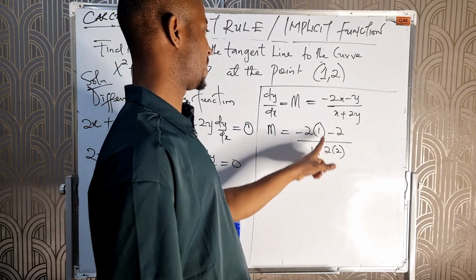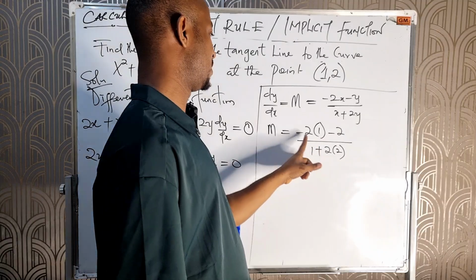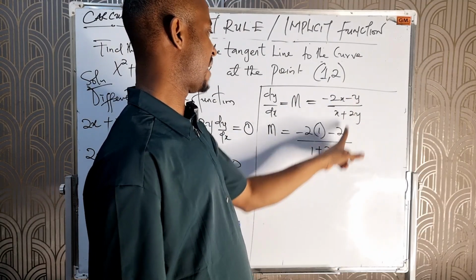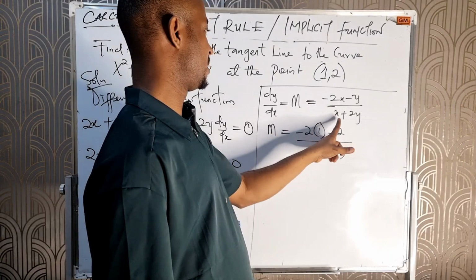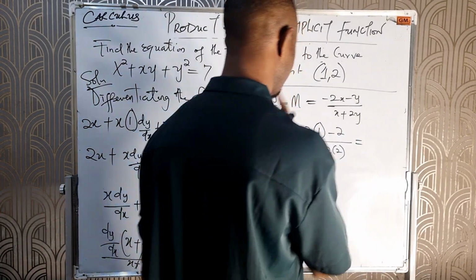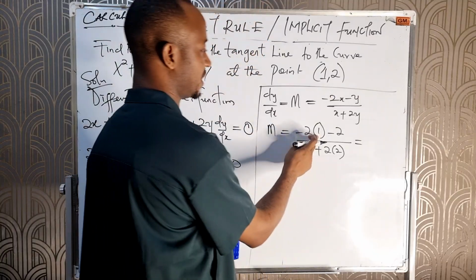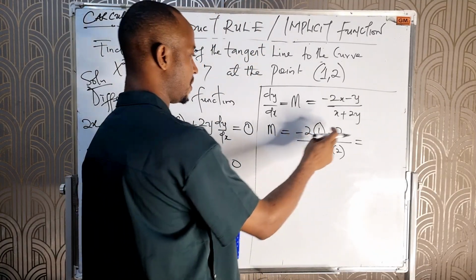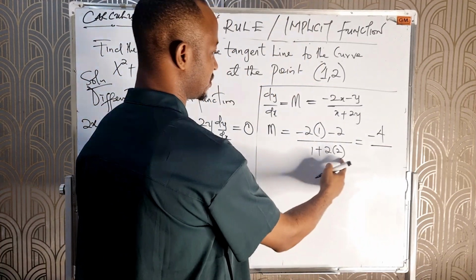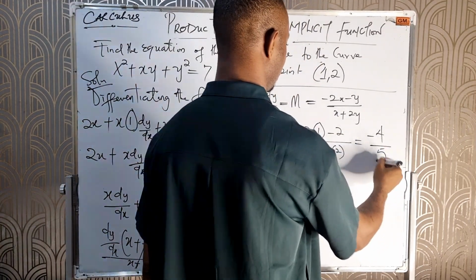Our x is 1, so anywhere we see x, we put 1. Minus 2 times 1 is minus 2, so minus 2 minus 2 is minus 4, divided by 2 times 2 is 4, plus 1, 5.